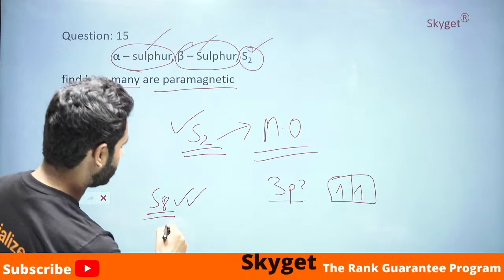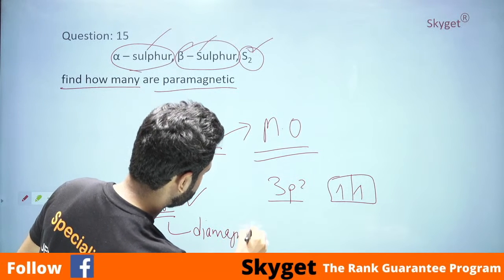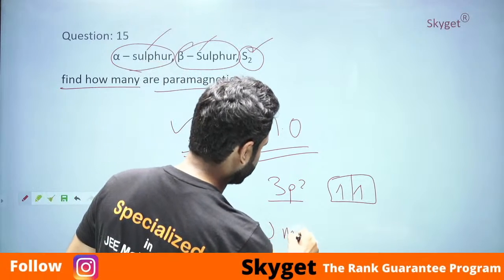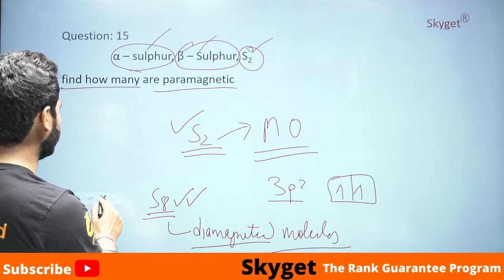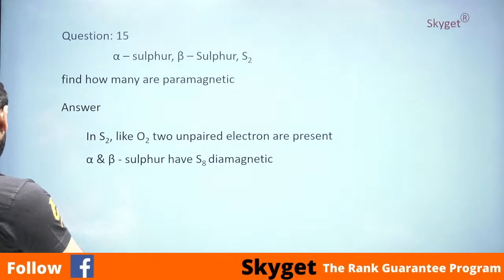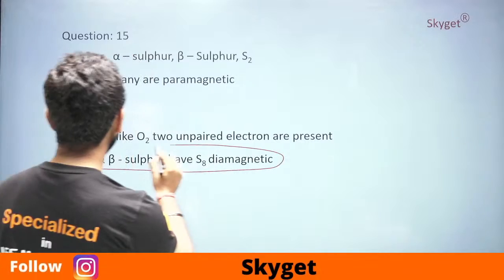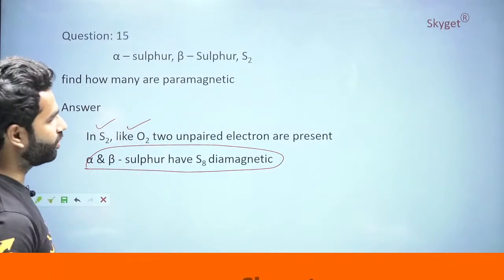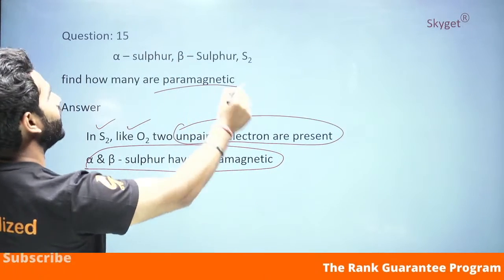It means it is totally diamagnetic compounds. Okay, let's see the right answer. Yes, as we discussed, alpha and beta sulfur have diamagnetic properties. Like O2, in the case of S2 also we have unpaired electrons, hence it is paramagnetic.